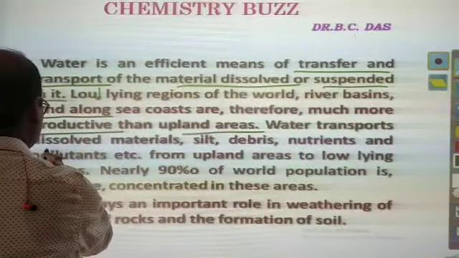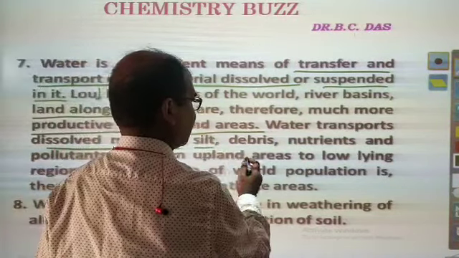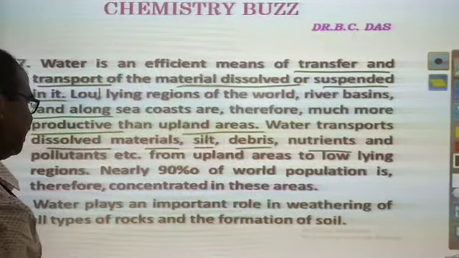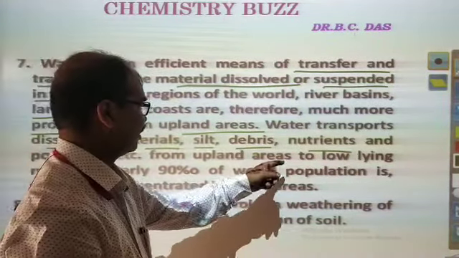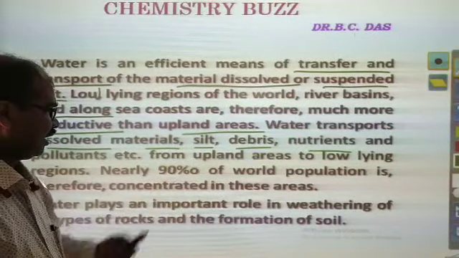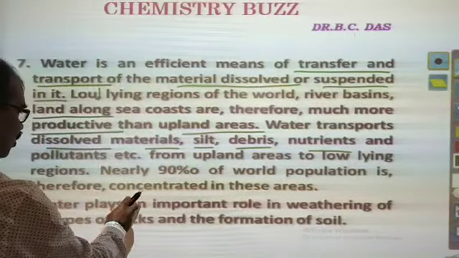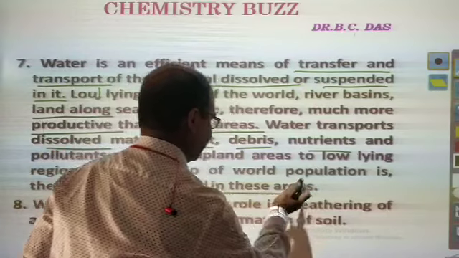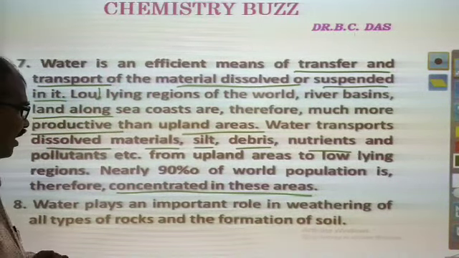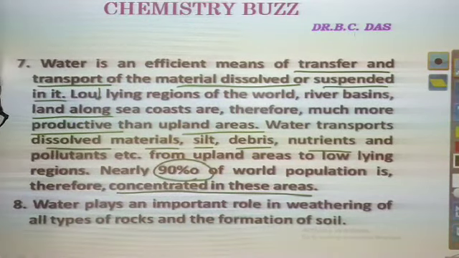Water transports dissolved materials, seeds, debris, nutrients and pollutants from upland areas to the low-lying regions. Nearly 90% of the world population is therefore concentrated in these areas, the coastal areas.